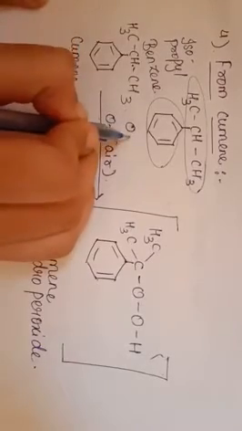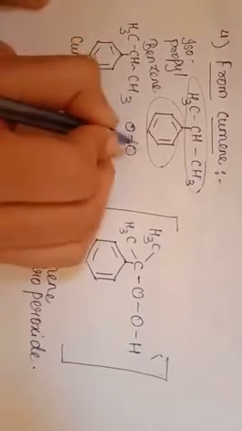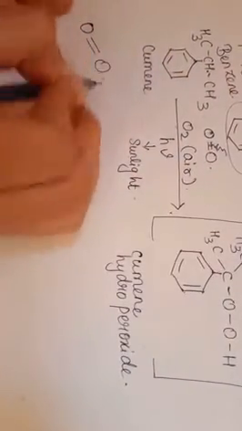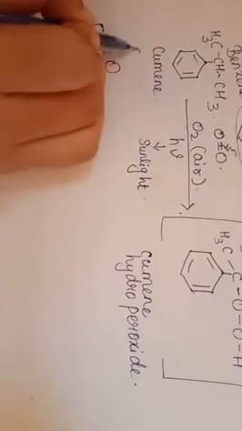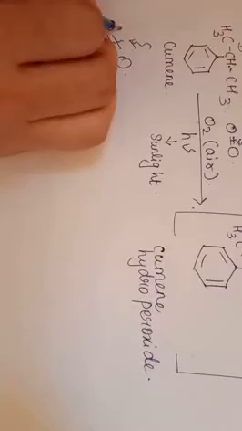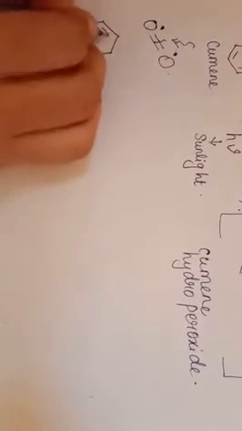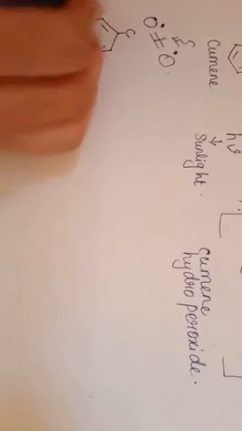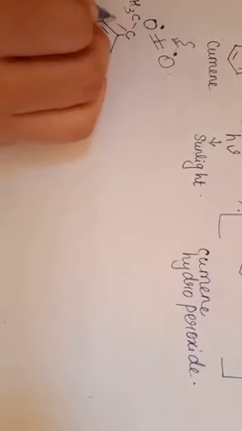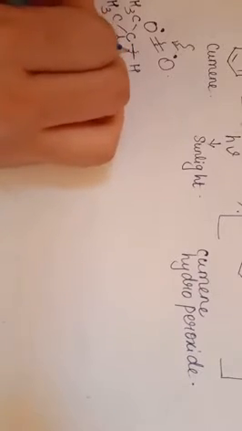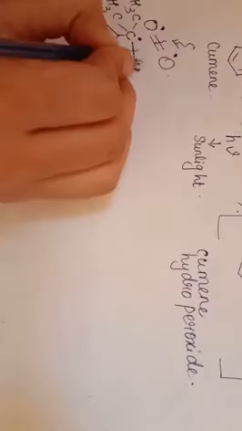What happened here? This oxygen was our O2. Here we gave sunlight, so what will happen? This bond will be cleaved. I will show it here like this. This bond will be cleaved when sunlight is given. It will form radical here. Same way in cumene also, in presence of sunlight, this bond will be cleaved for some time and you will get here radicals.